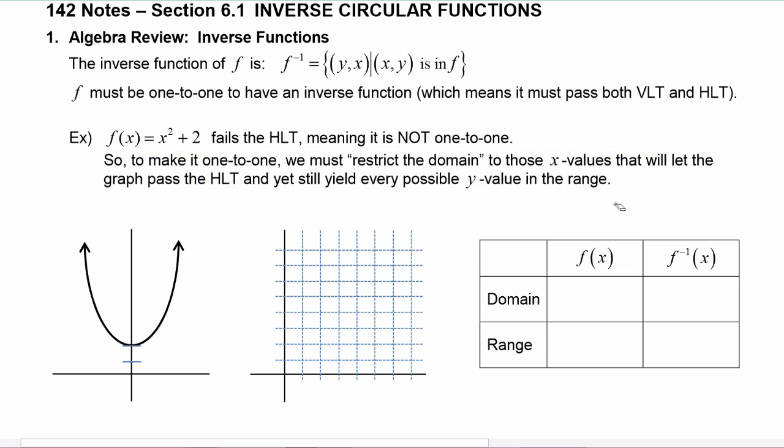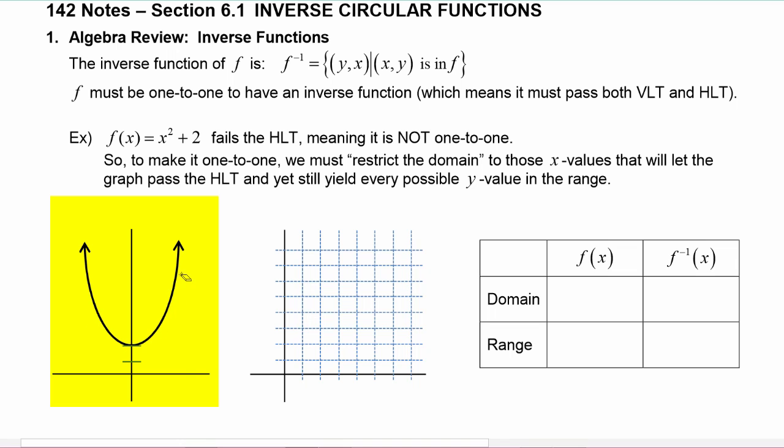So what we're trying to do is limit the choices of x values to be only those x values that will allow the function to pass the horizontal line test, but still give us every possible y value in the range.